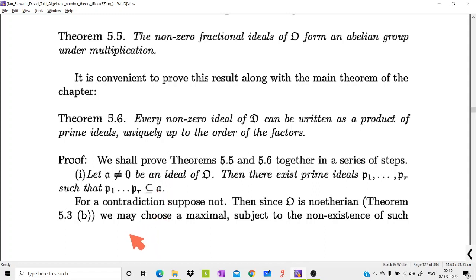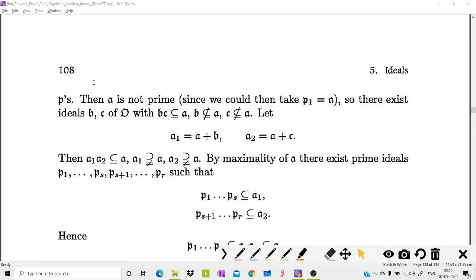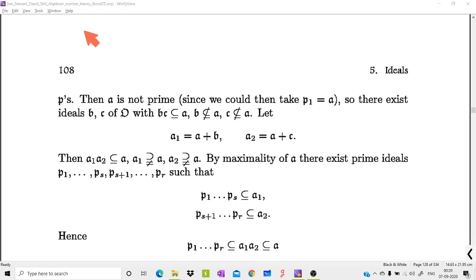Let S be the set of all non-zero ideals A of O which do not possess this property, so we get a non-empty collection of ideals.